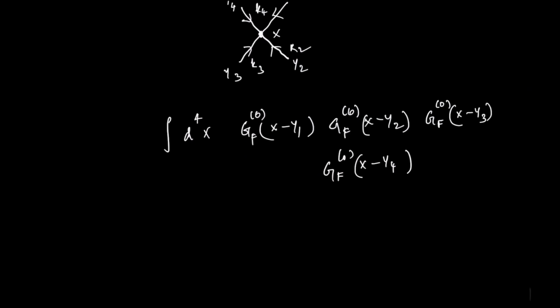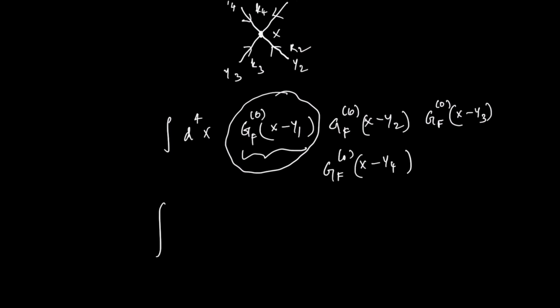So this is in coordinate space. So I can transform each of these Feynman functions into momentum space. Okay, so you'll get an integral. This is for this one, the first Feynman function.